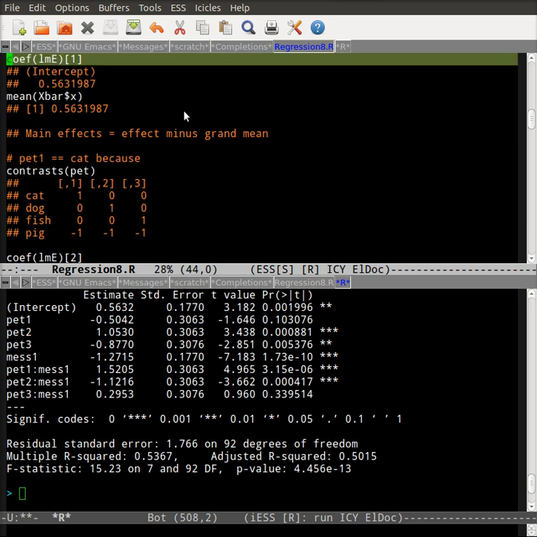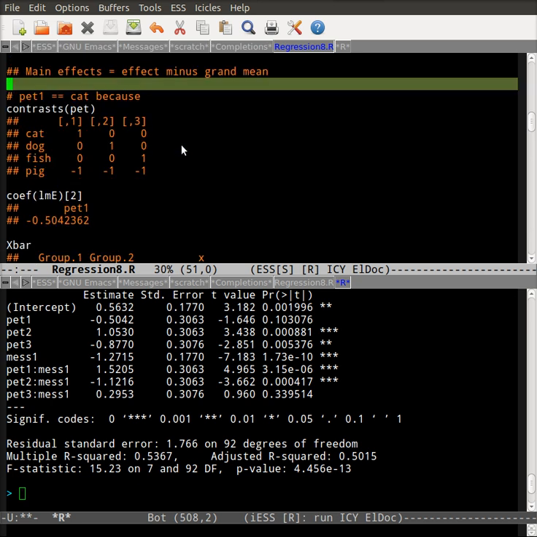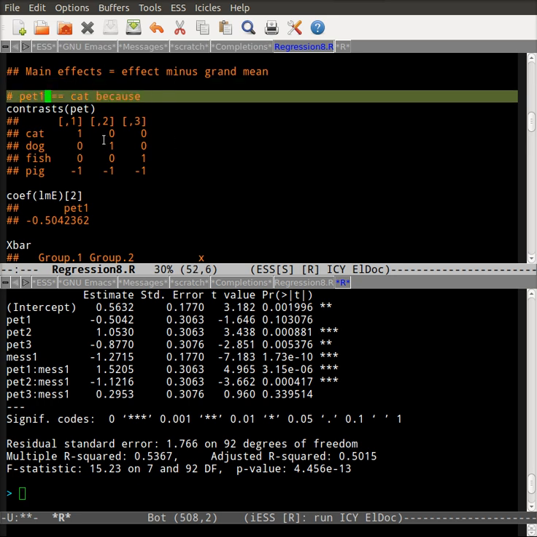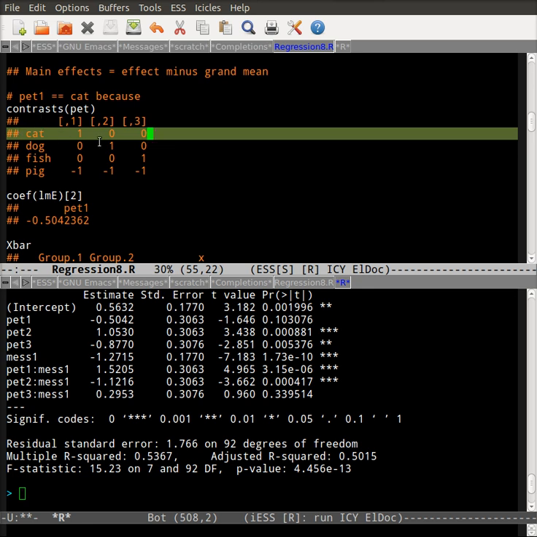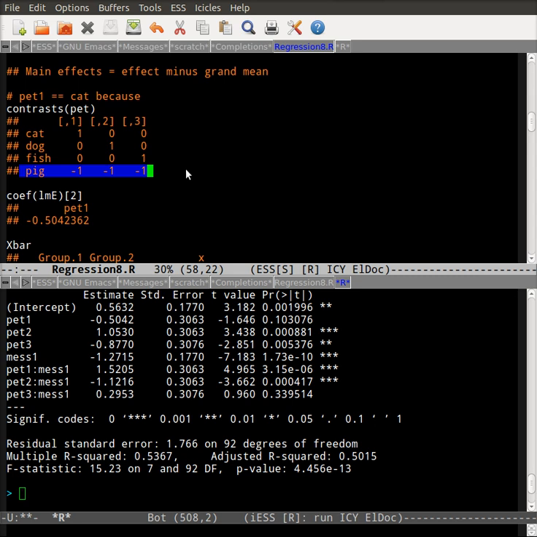Okay, now the main effects are pretty straightforward because what they are is the observed effect that you care about minus the grand mean. So therefore, pet 1 is cat, because as you can see here, my contrasts, if I show you what my effects coding looks like, you'll see pig is my default comparison, and I have cat as my first.